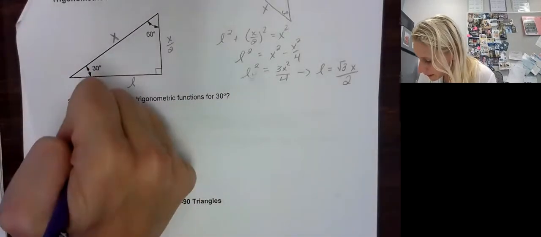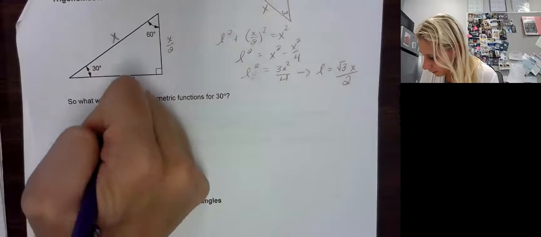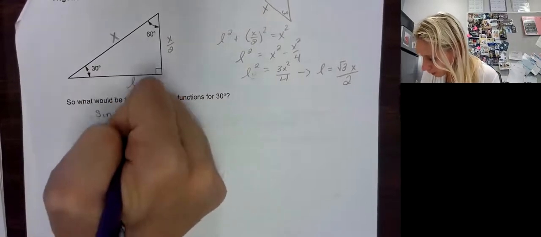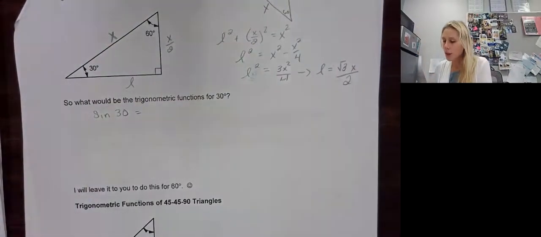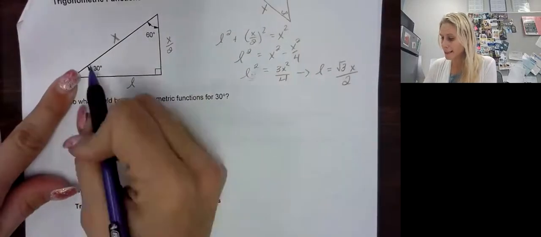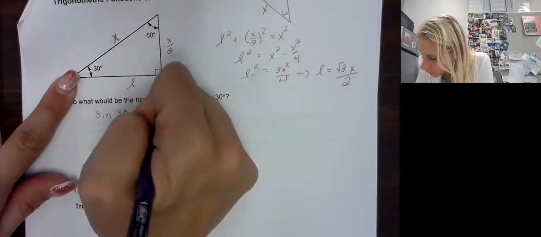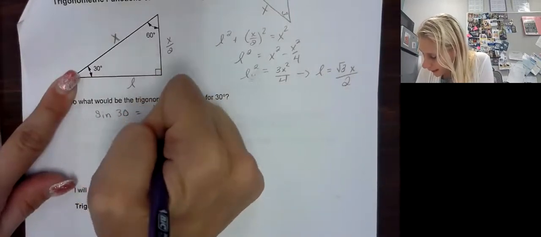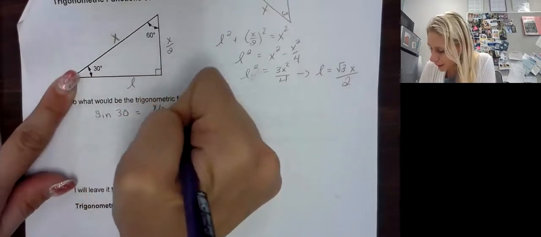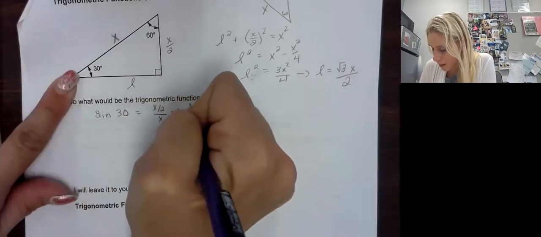Now, if you want, we can actually do our functions. So sine of 30 equals, well, sine is opposite over hypotenuse. So I would have x over 2 over x. Well, guys, if we reduce that, that just becomes 1/2.